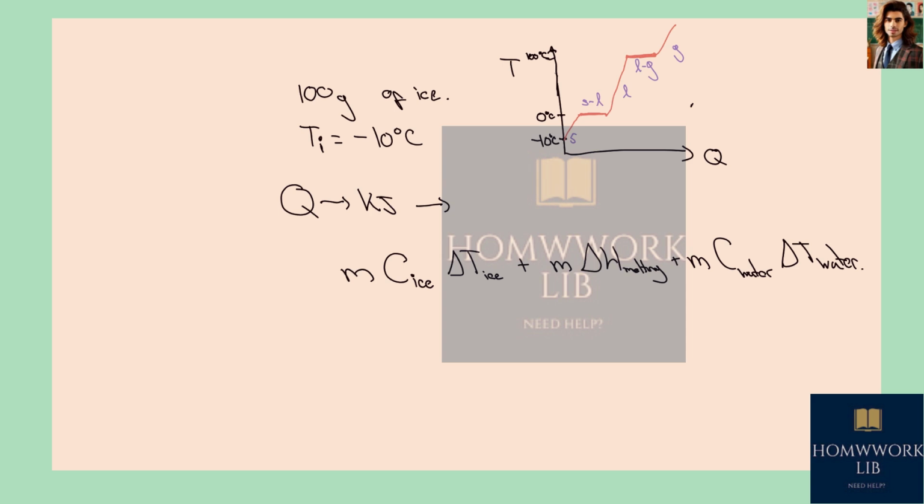So, in most of the cases that you're going to deal with here, the amount of heat that they are going to provide you is enough to melt everything and raise the temperature a little bit.